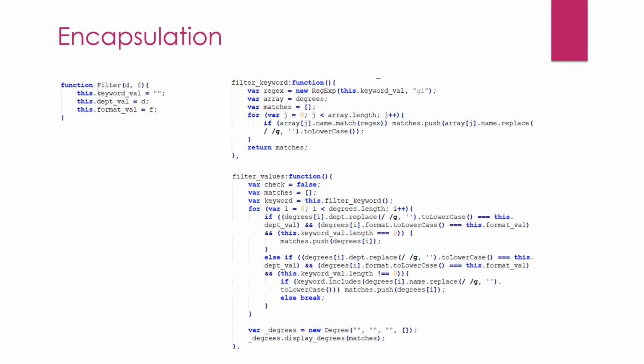Then our filter values function takes the matches from the keyword and the filters that the user chose, the department and the format, and it goes through the degrees array again, checks for any matches, and if there are any matches, it pushes them to an array. Then we display the degrees again, but this time with the matches, so it updates the grid of degrees based on these matches.